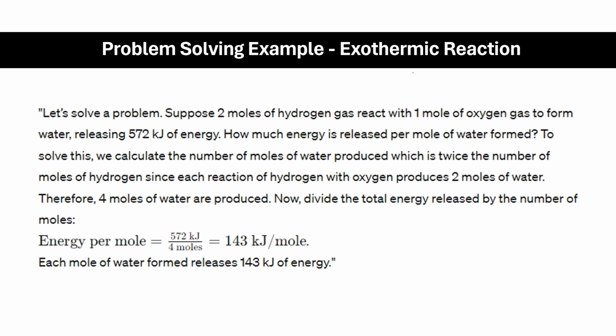We just have to divide the energy released during the chemical reaction, which is 572 kilojoules, by the moles of water. That's 143 kilojoules per mole. And how to interpret it? During the exothermic reaction, wherein hydrogen gas reacts with oxygen to form water, it releases about 143 kilojoules of energy.